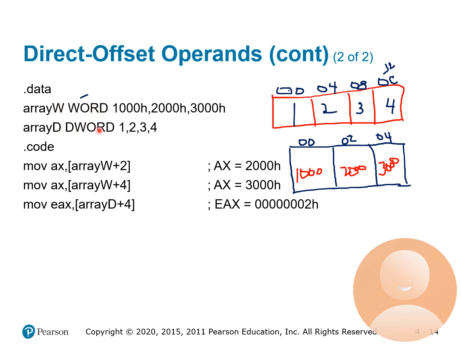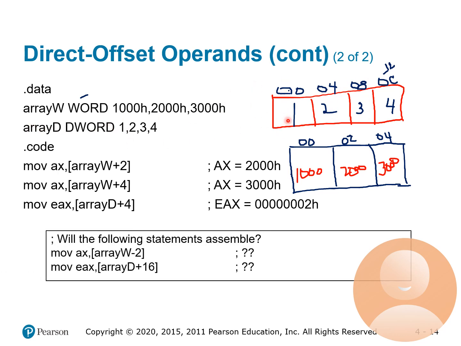And then double word is 4, so if we start at offset 0, to get to the second element we'd add 4, to get to the third element we'd add 8 to the name of the array, and we'd add 12 to get to the last element.